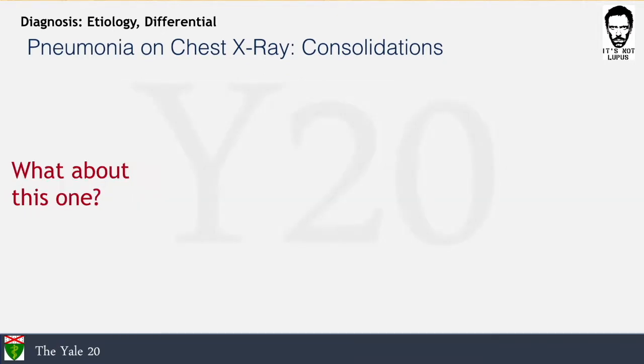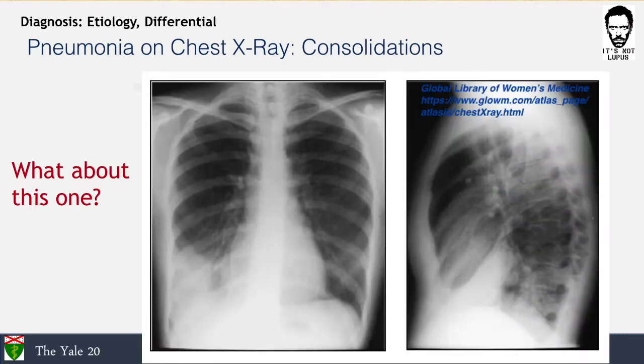Great, let's try another. What about this one? So this time I'll show you both. We see that on the image on the left, you have an AP view, and you see this whiting out of the lower corner there. And this time we're having some trouble seeing the diaphragm.